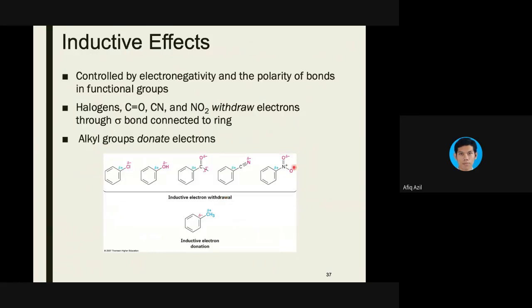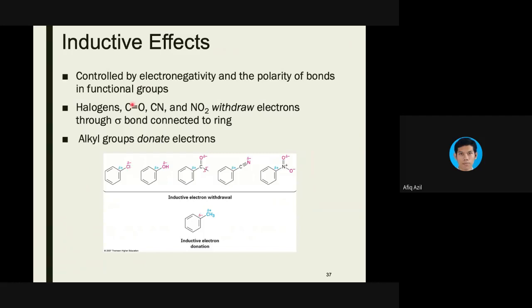So let's take a look at inductive effect first. How do these substituents have this inductive effect? It can be both withdrawal or donation depending on the type of the substituent itself.